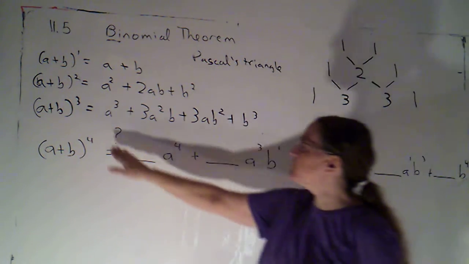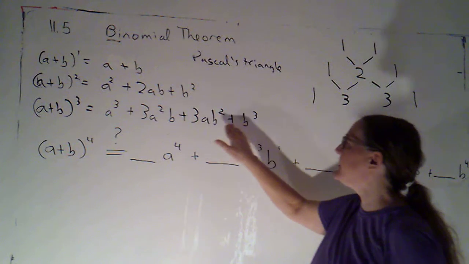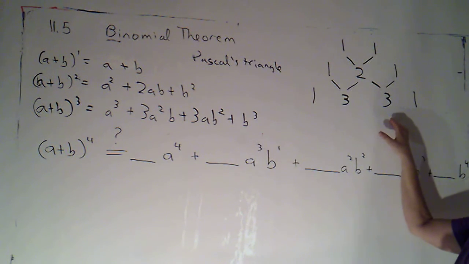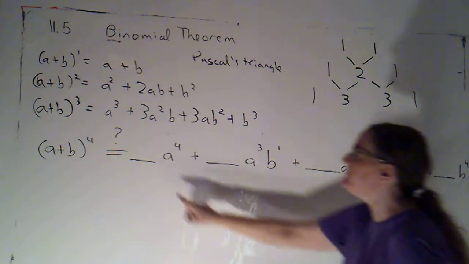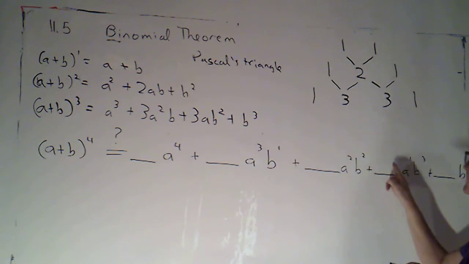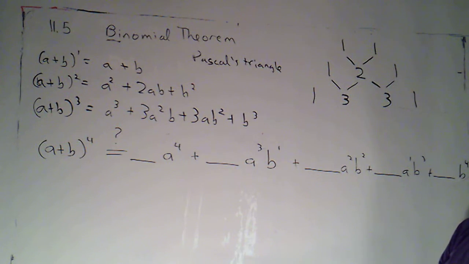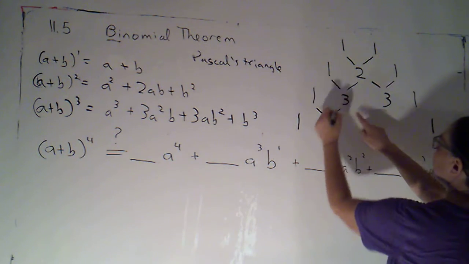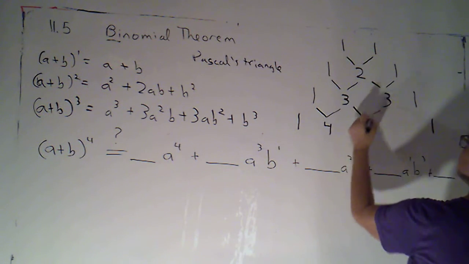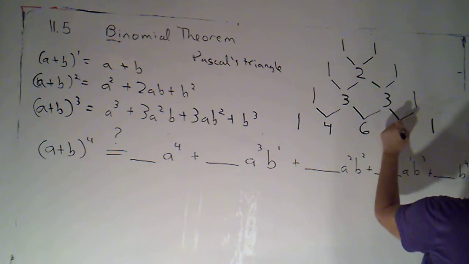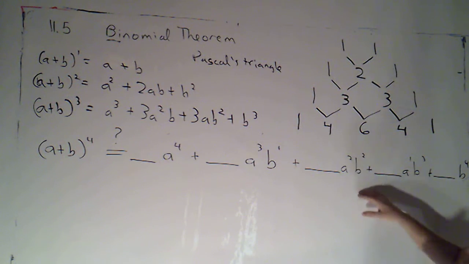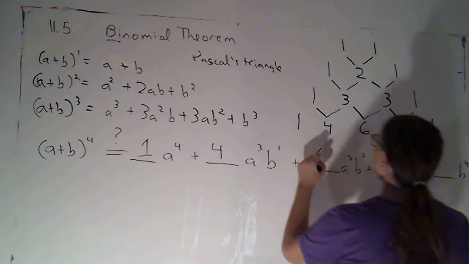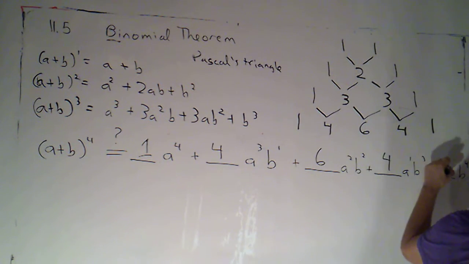The coefficients were 1, 3, 3, 1. The fourth row of Pascal's triangle is going to give me the coefficients for these terms. So I go out like so, then 1 plus 3 is 4, 3 plus 3 is 6, 3 plus 1 is 4. So I can now fill in these blanks. It's 1, 4, 6, 4, 1.